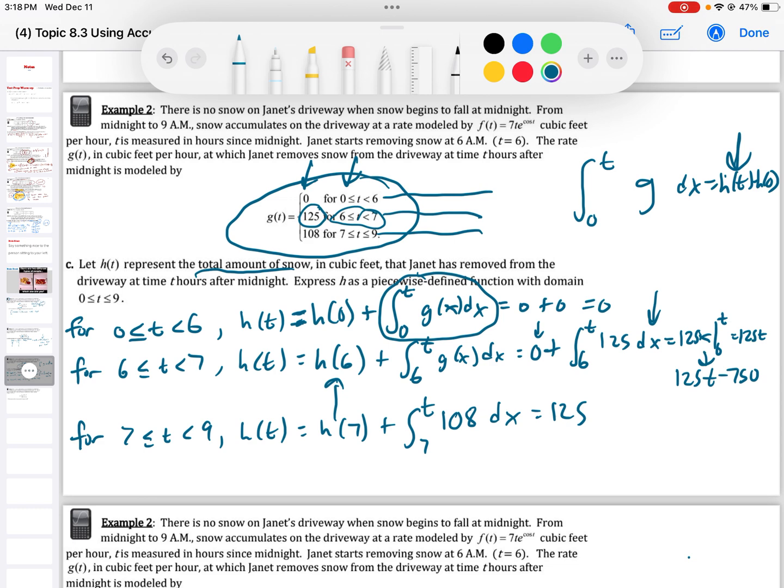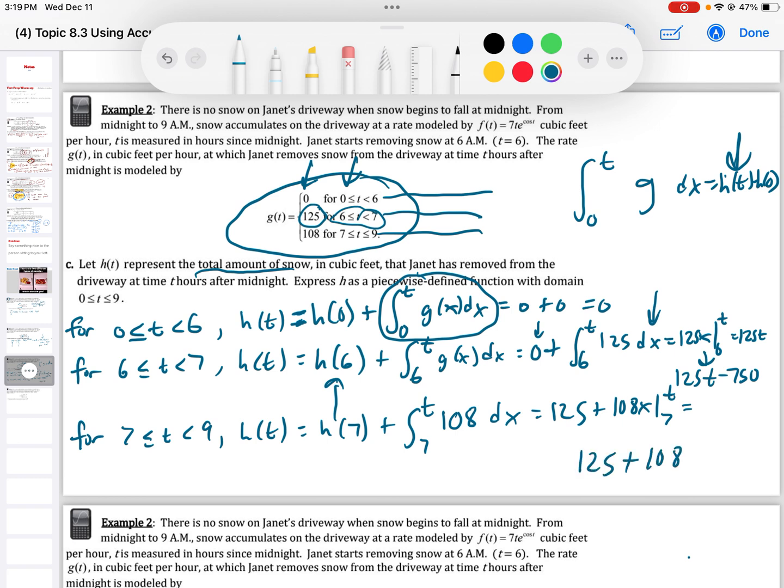Could also plug in 7 into 125t minus 750, 7 times 125 minus 750, and you get 125 that way also. Okay. Plus the integral of 108 would be 108x from 7 to t.